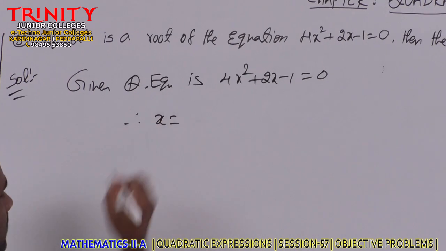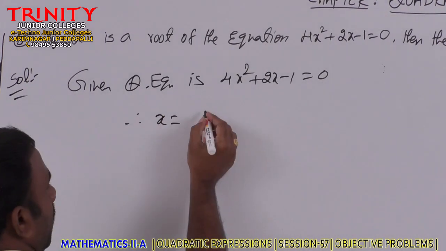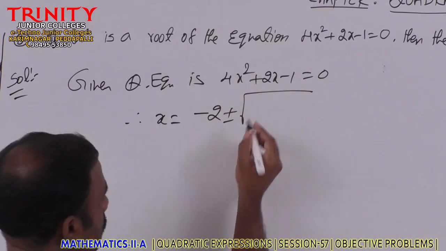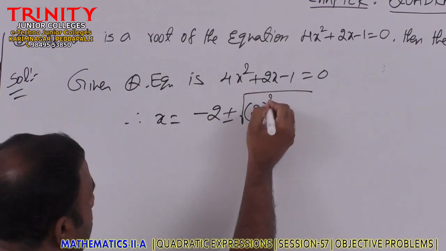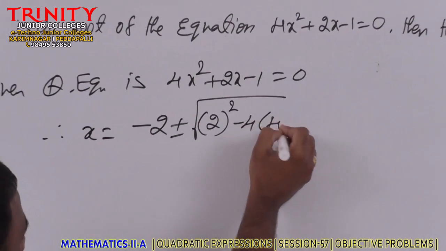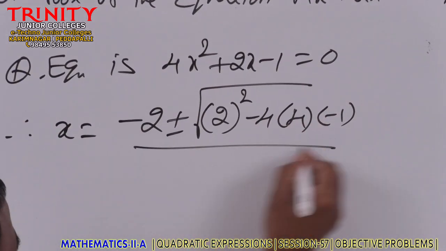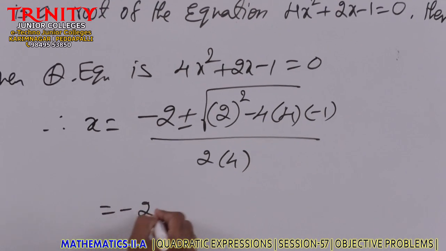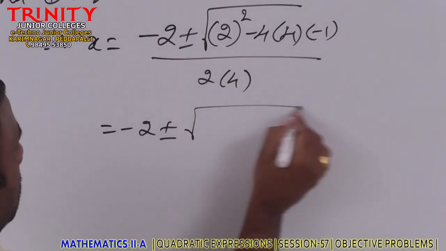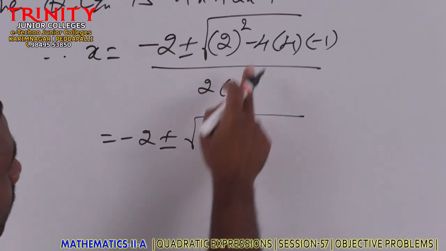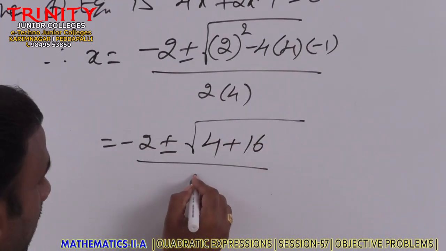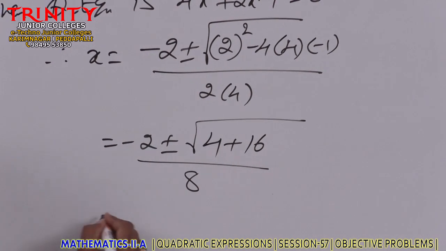Therefore, x is equal to minus b plus or minus under root b square minus 4ac by 2a, that is minus 2 plus or minus root 4 minus into minus plus, that is 16, divided by 8.